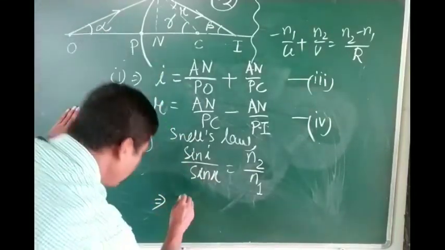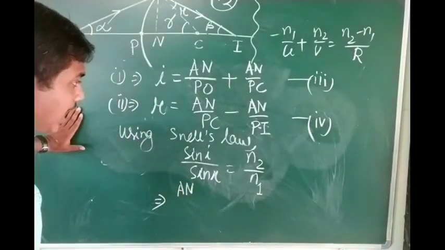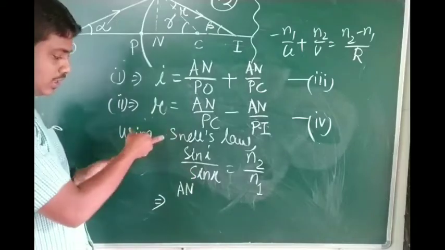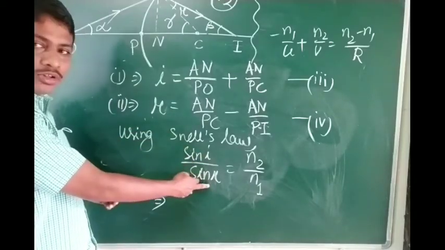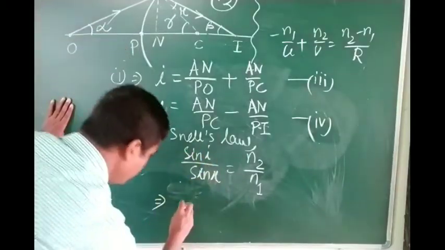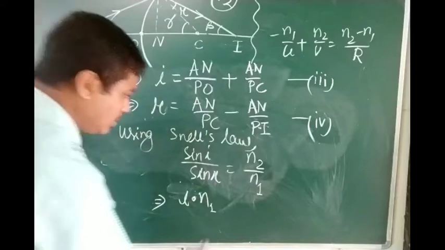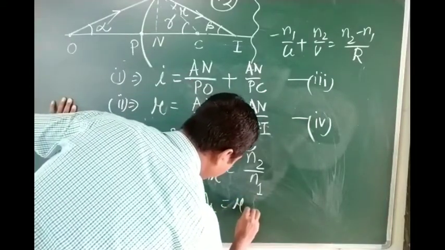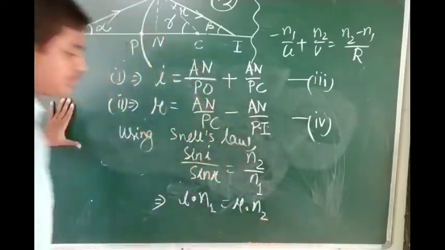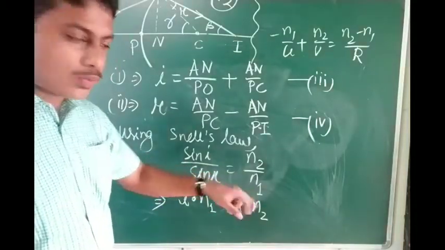I will be putting the value of I. I think we can cancel the AN because in I also and R also, both will be having a common term. You do one thing, it will be I into N1, it will be R into N2. Just cross multiplied. I into N1, R into N2.